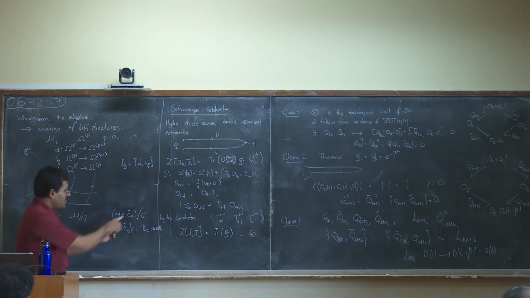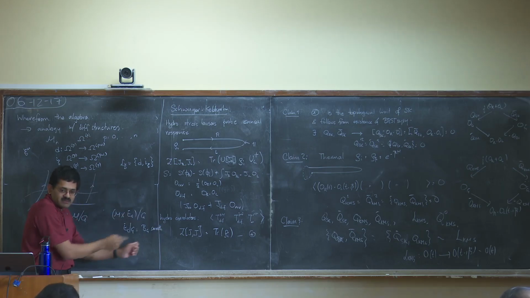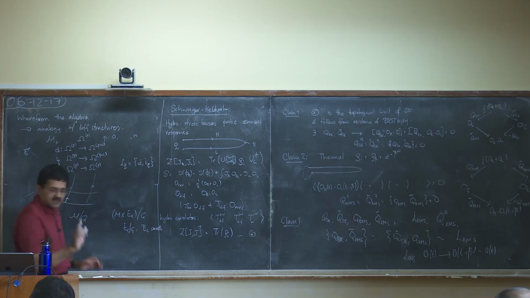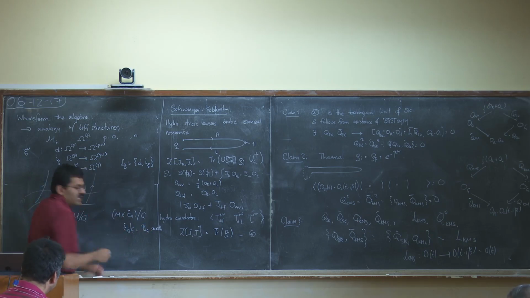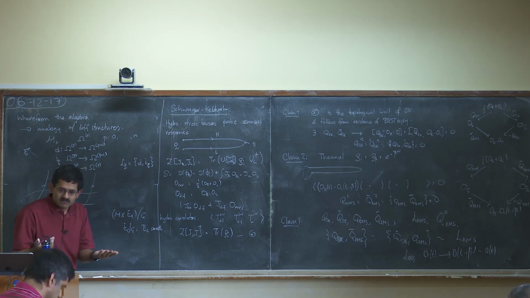Which means that when I take the direct product and take the quotient, the singularities in M get covered up by the smoothness of BG. That's one technical statement. But the other statement that's helpful is the following. EG by itself has no cohomology. EG is contractible.